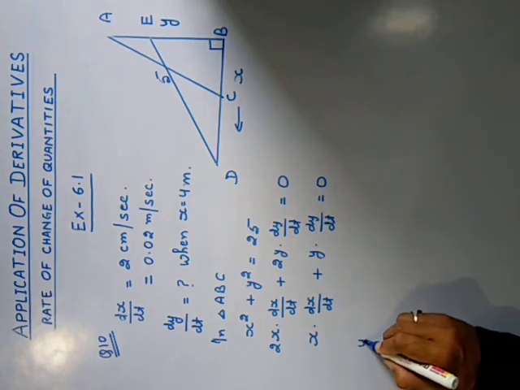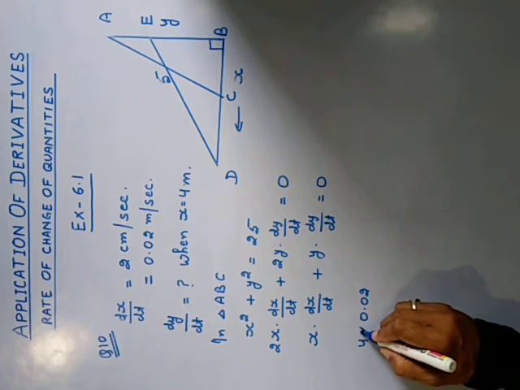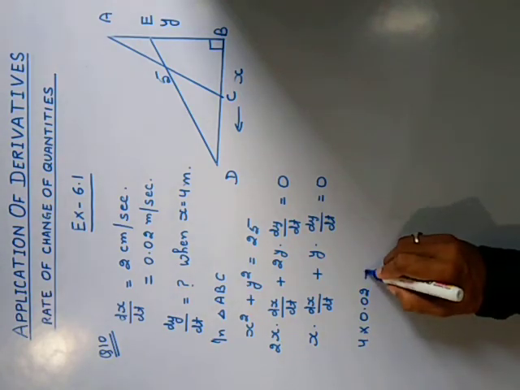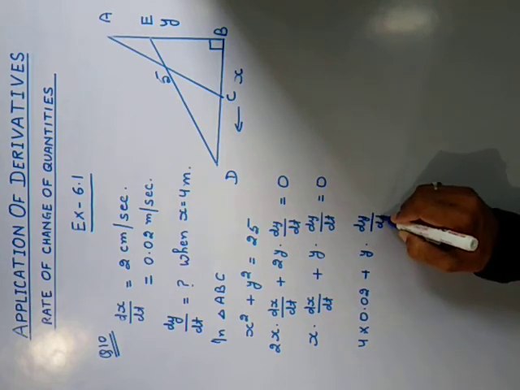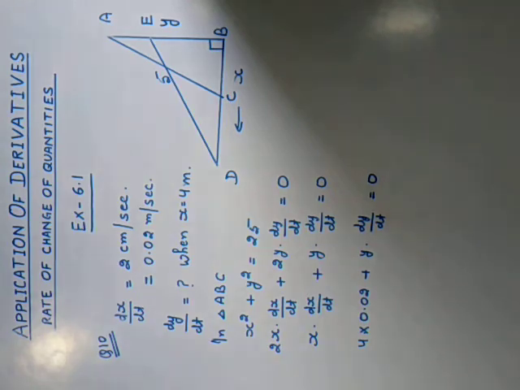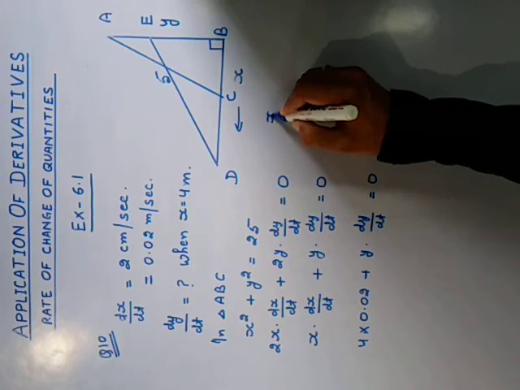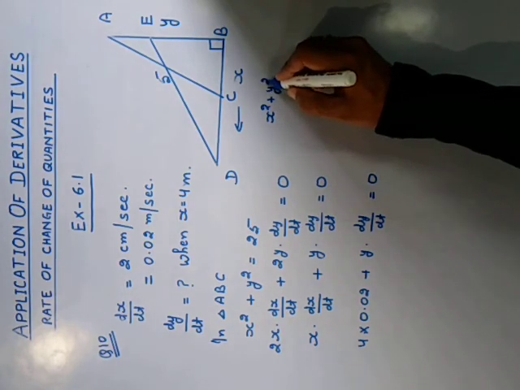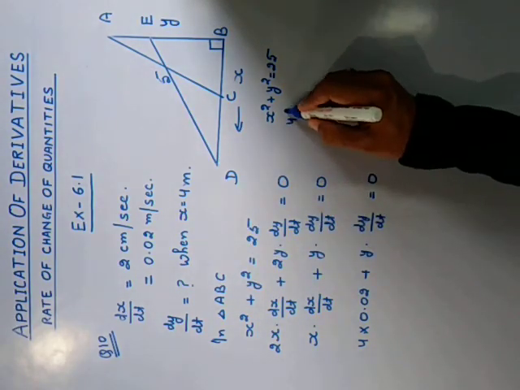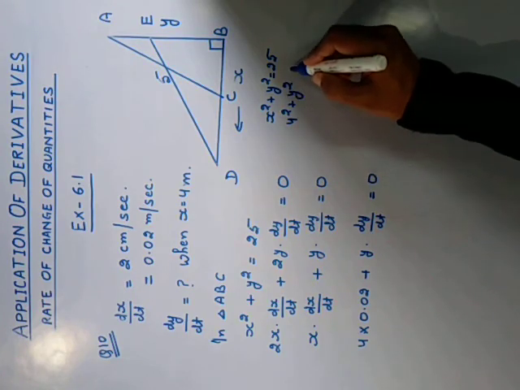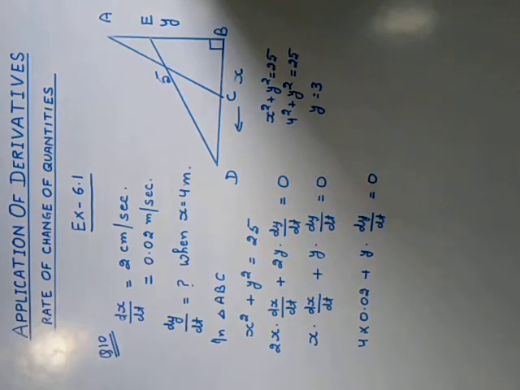When x is 4, dx over dt is 0.02. Now we have to find the value of y. Since x square plus y square equals 25, when x is 4 meter, 4 square plus y square equals 25, so y equals 3.